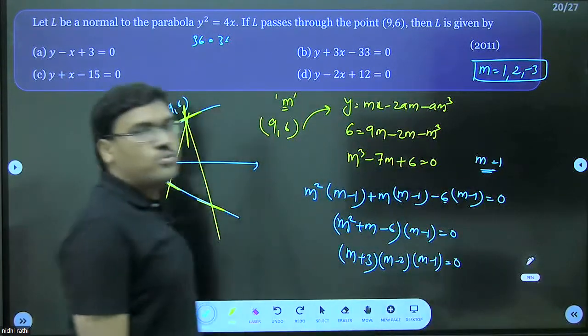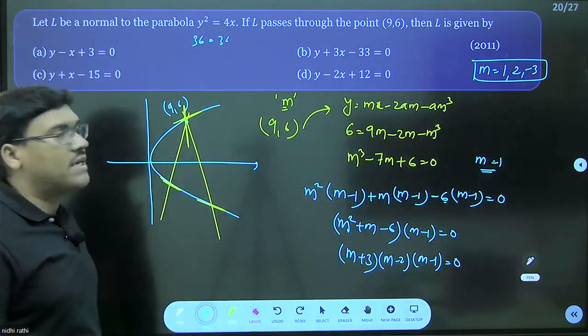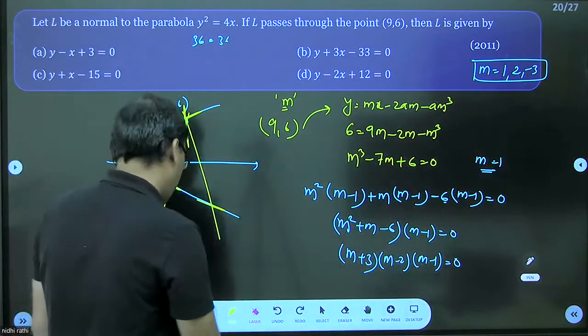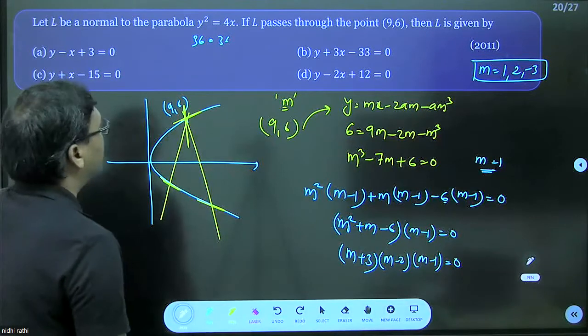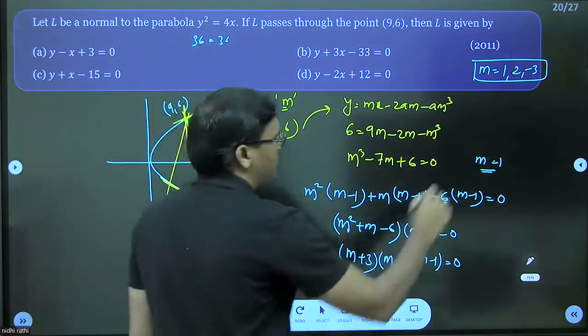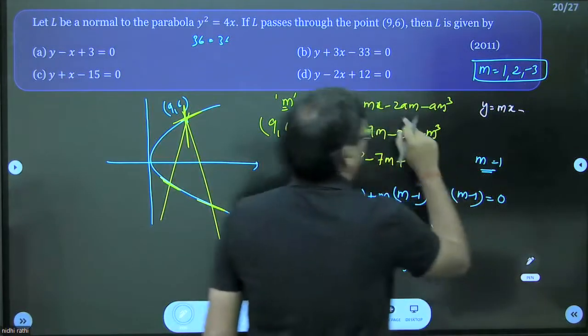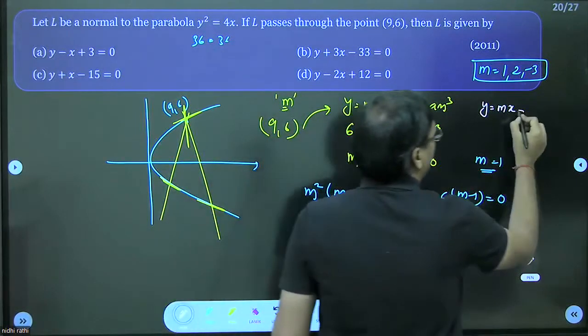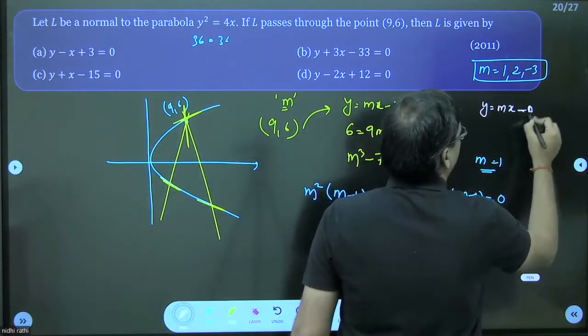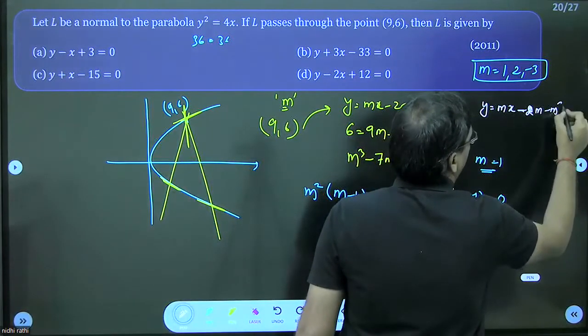So these are the slopes of normal which can pass through 9, 6. So now what will be the equation? Let me write this. What is the equation of normal? This is y is equal to mx minus 2m minus m cube, with a's value as 1.